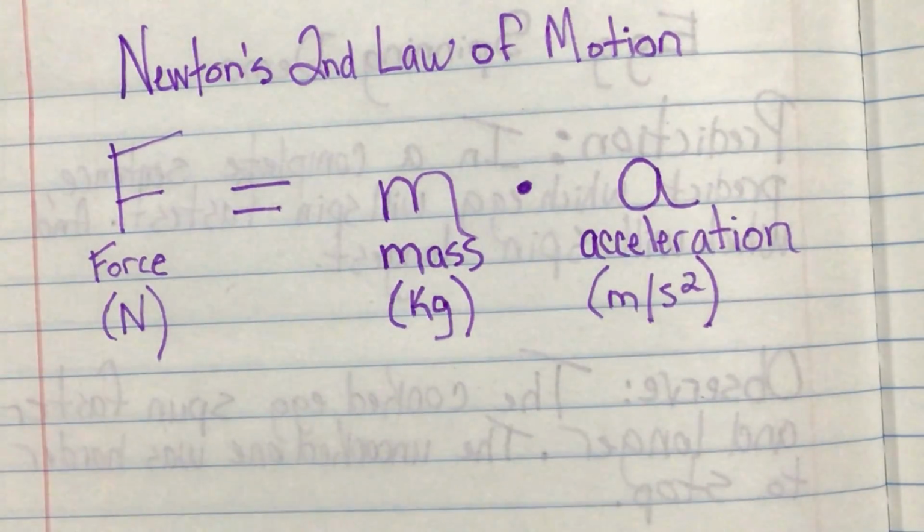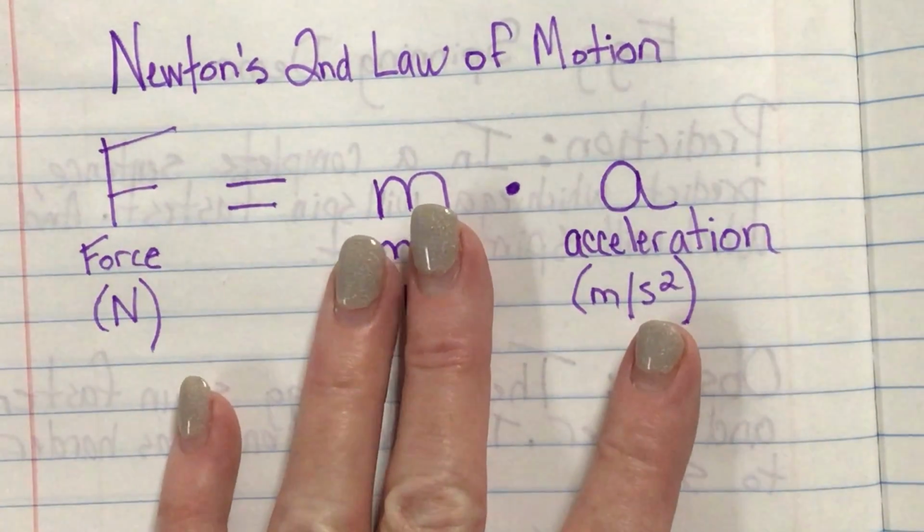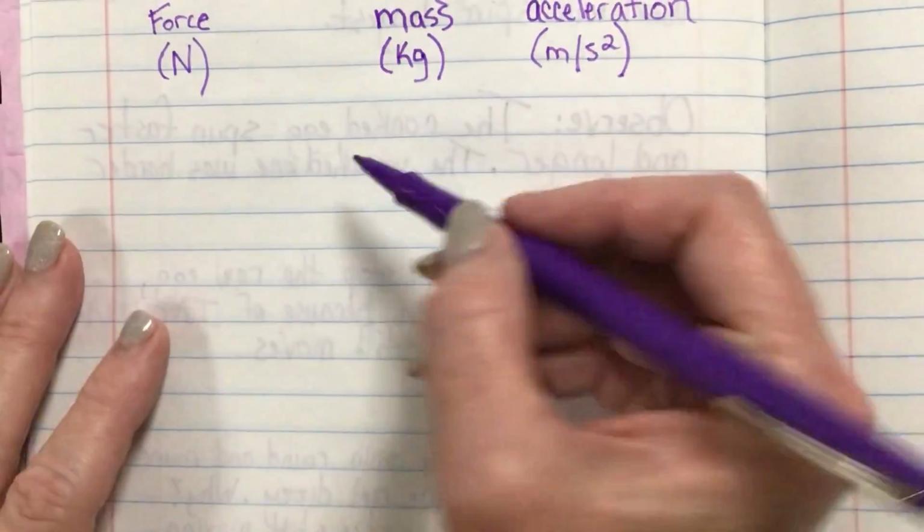Remember we did the speed, distance, time triangle? We're going to do a triangle for F equals mass times acceleration. So let's draw a triangle.